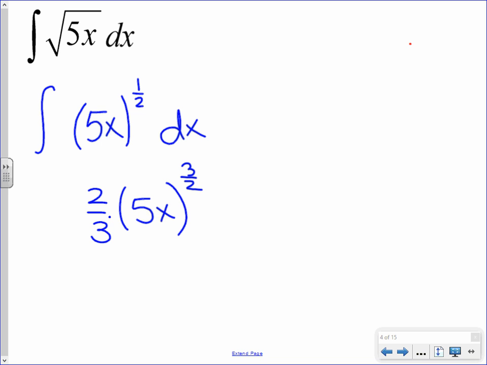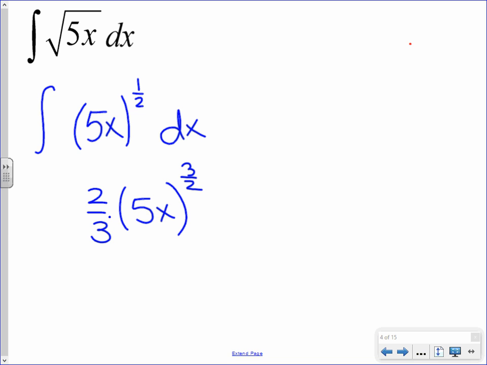But then if we think about taking this derivative, we have to do the chain rule. Do you agree? And when we take the derivative, our chain rule would be we have to multiply by 5 after we take the derivative. So when we take the antiderivative, we have to keep that in mind.